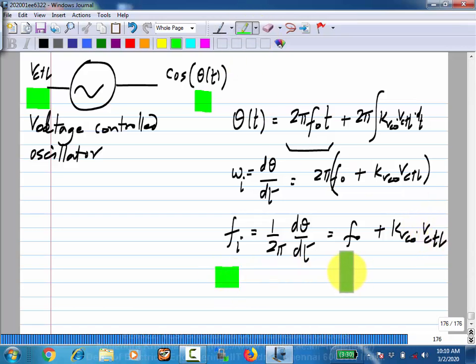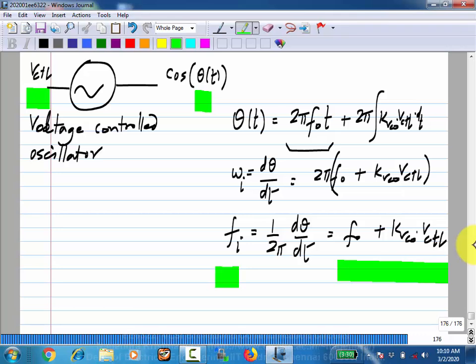So this last equation is probably what you would normally see. It has a frequency that is controlled by V control. Okay. And I have assumed a linear model where the frequency varies in a straight line with V control.